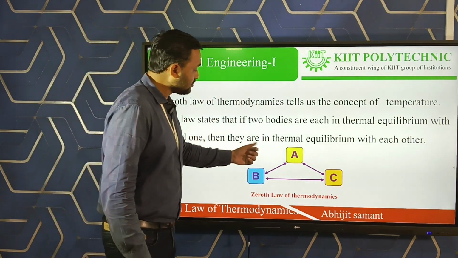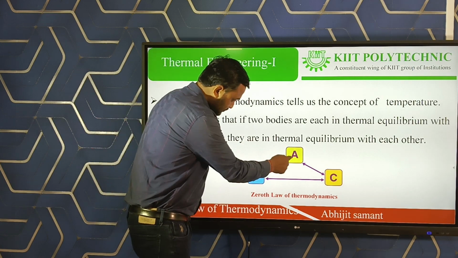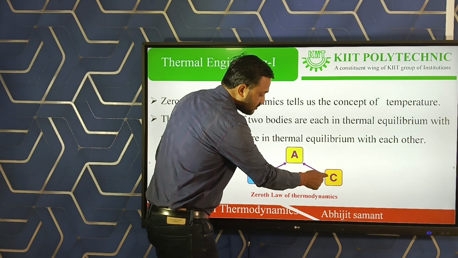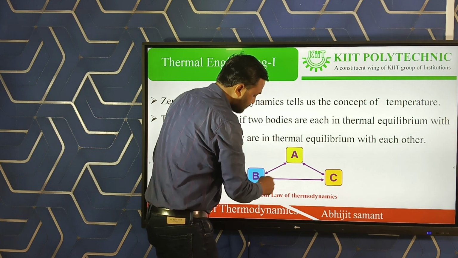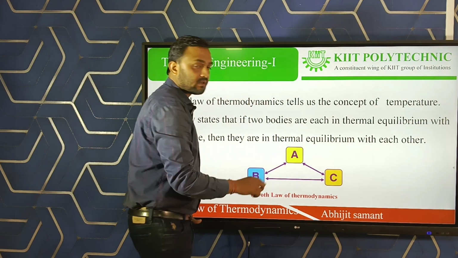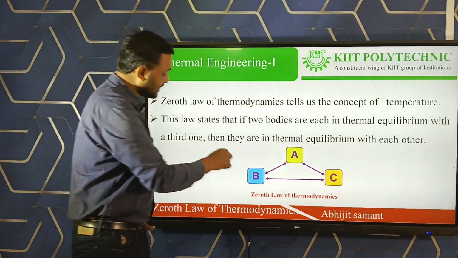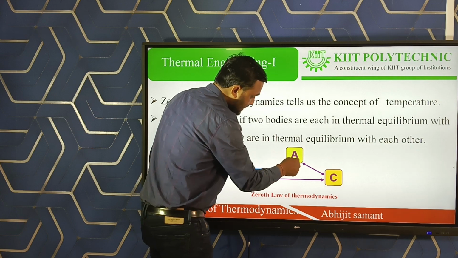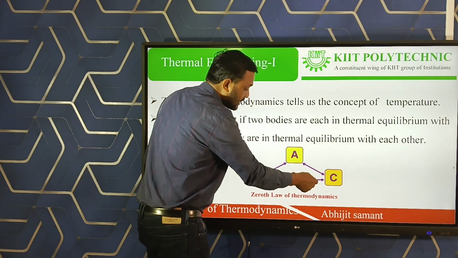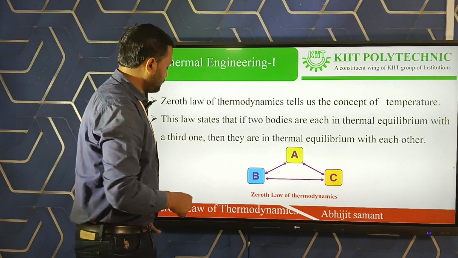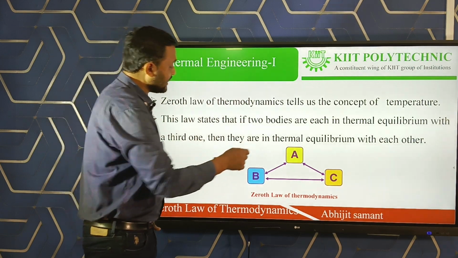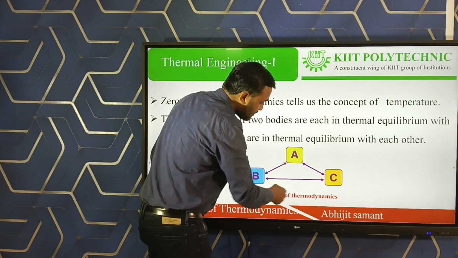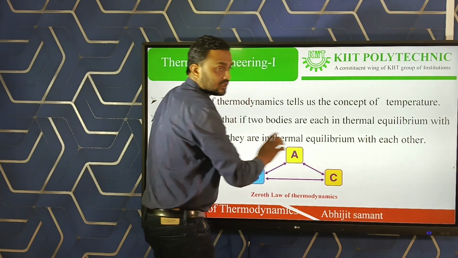Here we explain that if A is in thermal equilibrium with B and A is in thermal equilibrium with C, then B and C are also in thermal equilibrium with each other. Due to the zeroth law of thermodynamics, these three systems, that is A, B and C, are in thermal equilibrium with each other.